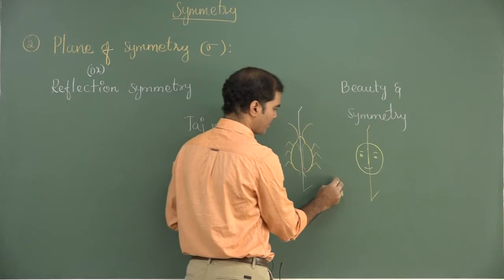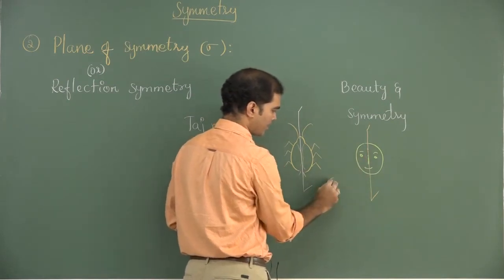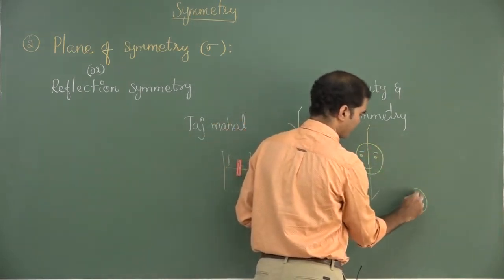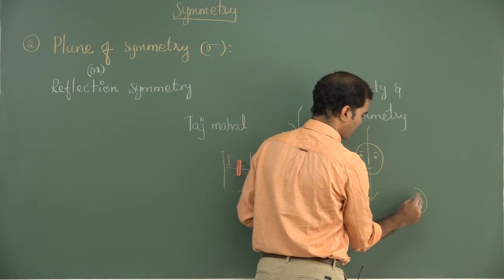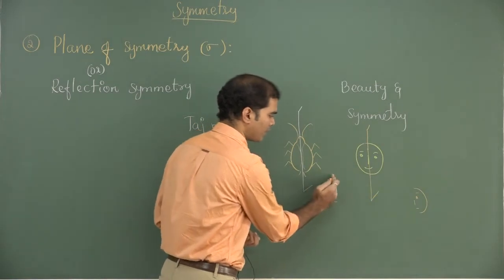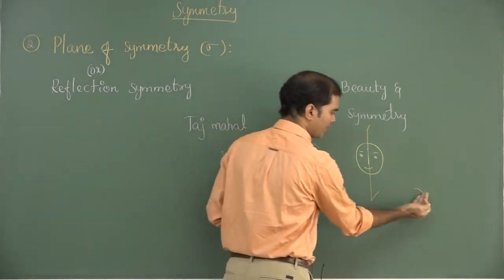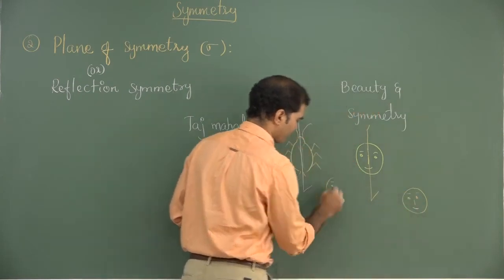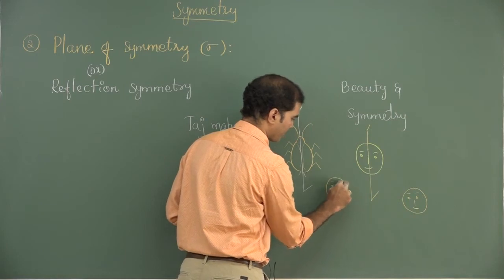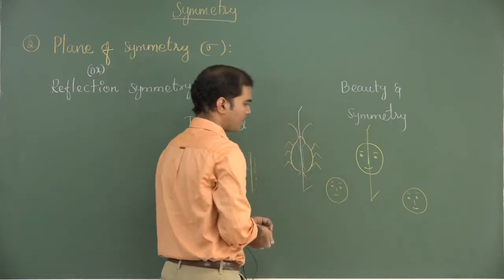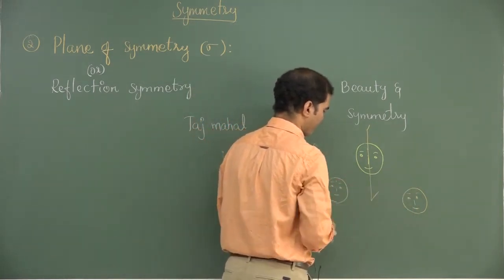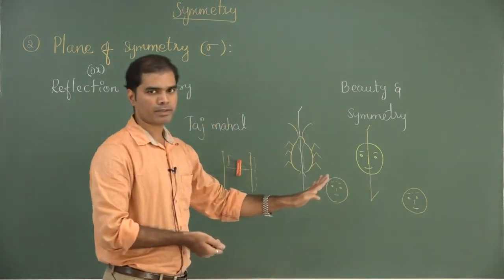Now once I get a right half, the right part of the face, and the left part of the face, they have reflected the right part of her face and the left part of her face. So once they have taken the halves, then they have done the reflections.